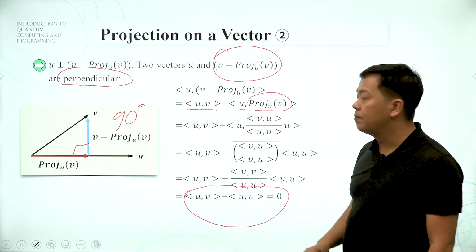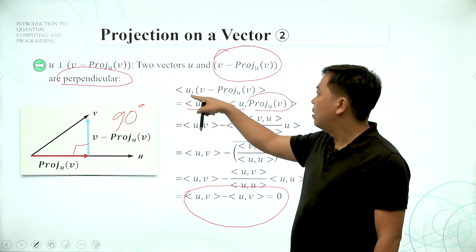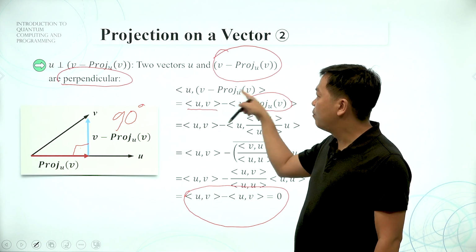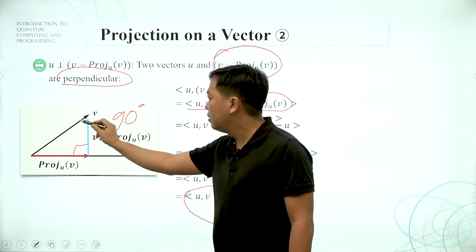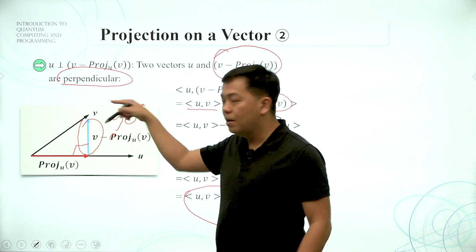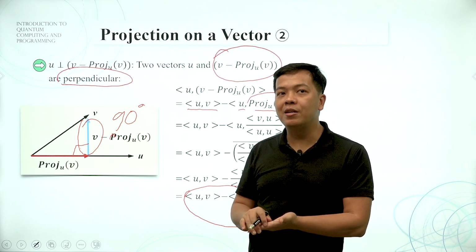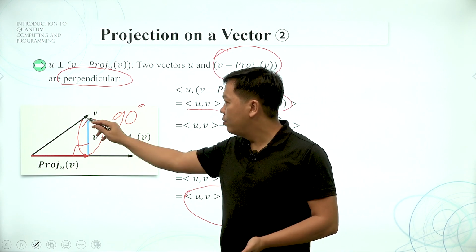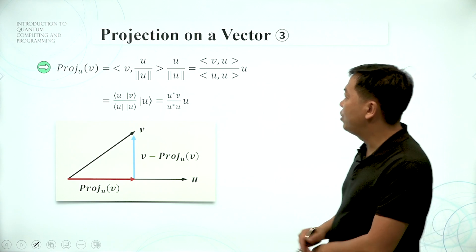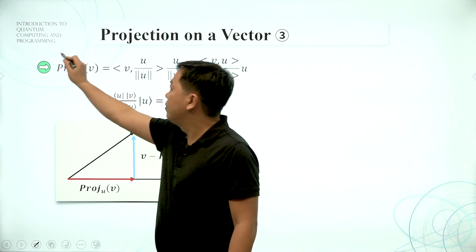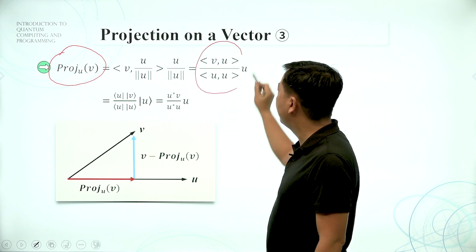So that is one reminder: if we subtract the projection of u over this part, that means we project again, and they will have the same value. After we have the projection from vector u over vector v, we get this formula.